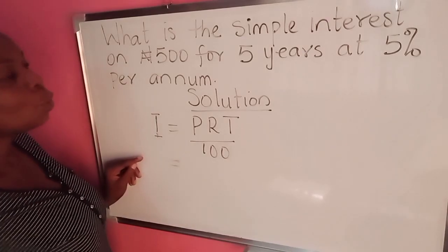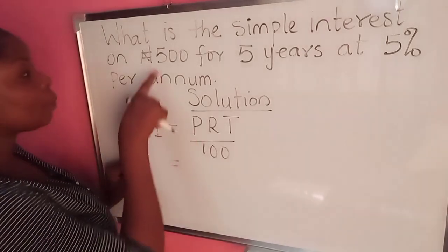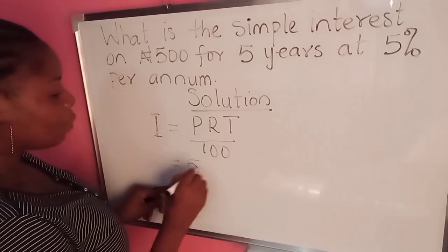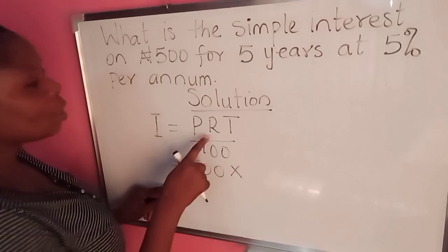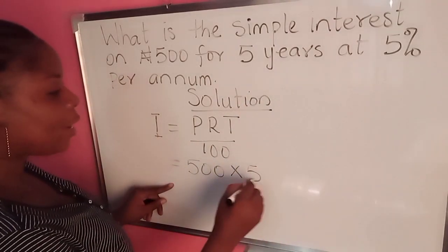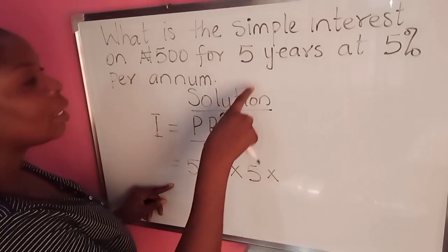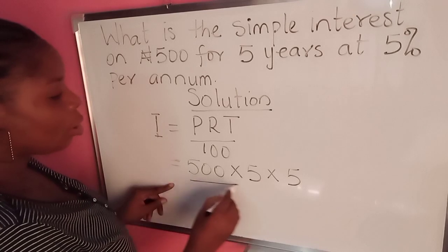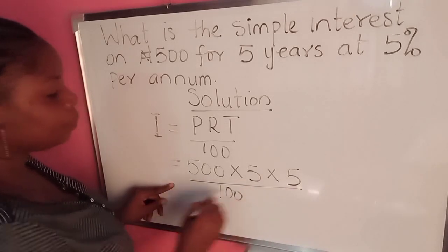Okay, so principal, remember P stands for principal, and our principal is 500. So we have 500 times rate. Rate is 5%, so that's 5, times time is 5 years, all over 100.